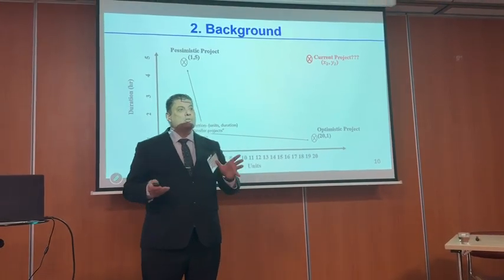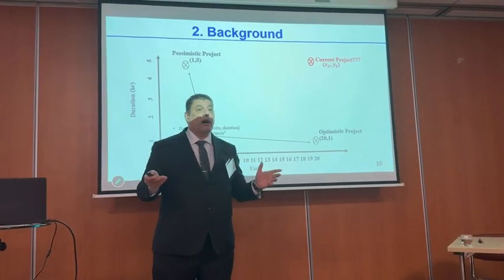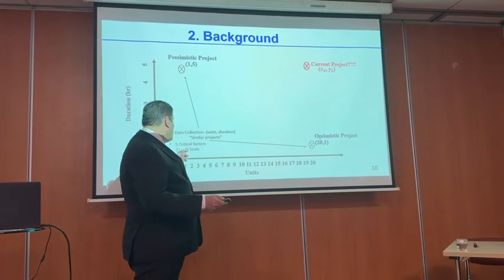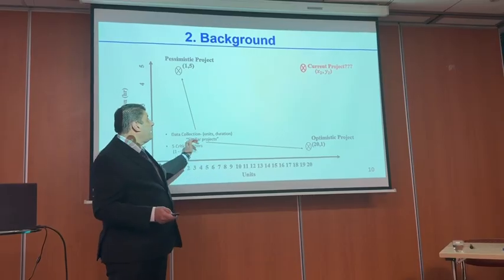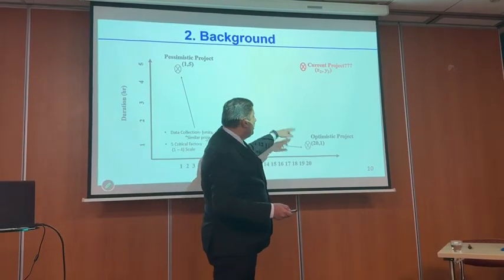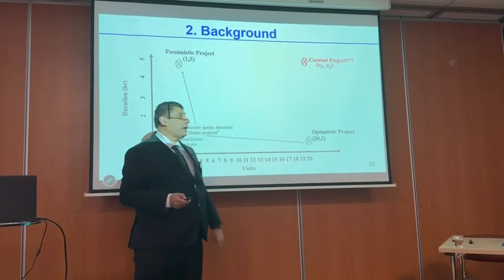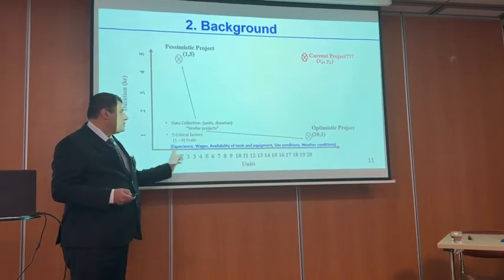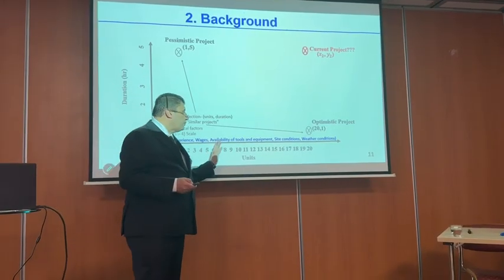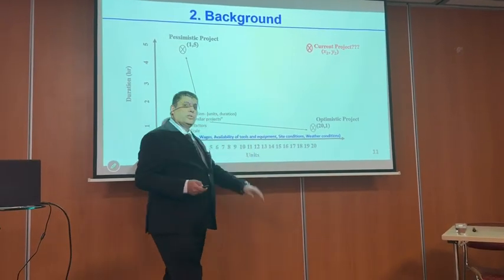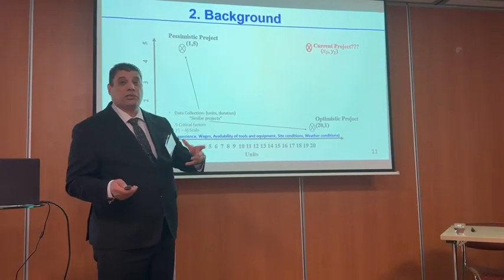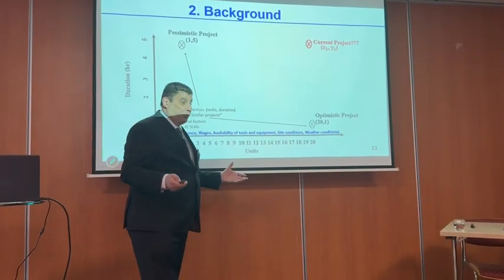We also selected the 5 top factors among these 21 factors, and based on a 1 to 4 scale, we can identify the total score for pessimistic, optimistic, and also for the current project. These are the 5 factors: experience, ways, availability of tools, site condition, and weather condition. You can give them a scale of 1 to 4. Of course, 4 means it is ideal, great, and 1 is very poor.